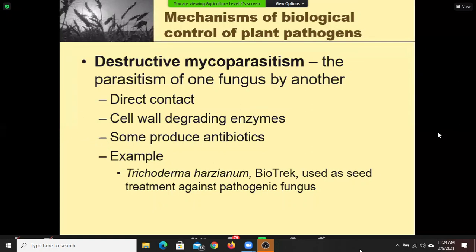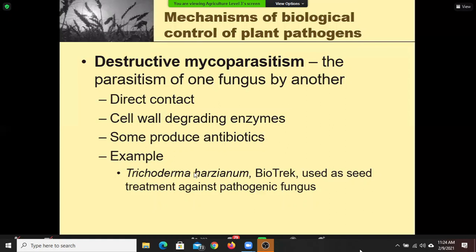And some produce antibiotics, you already know. For example, Trichoderma hertzianum. This is a widely used beneficial fungus, available in the natural environment, used as a seed treating agent and soil treating agent. So what happens?